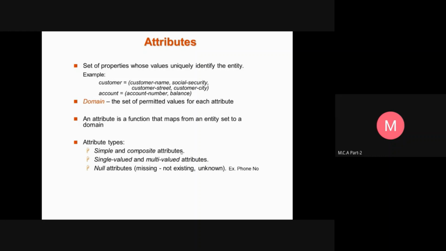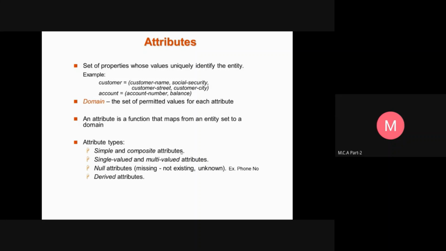But that null value could imply that the student data was unknown at that point of time. That means we didn't know the phone number at that point of time, even though the student had a phone. Or it could also mean the fact that the student does not have a phone at all, right? So null values tend to create a little bit of an issue in our database also, and we will see all this later.